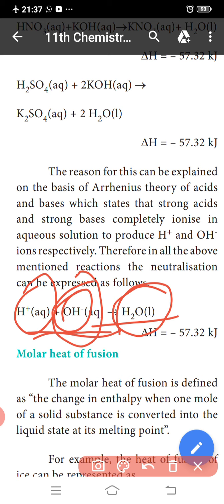The neutralization value is minus 57.32 kilojoule.